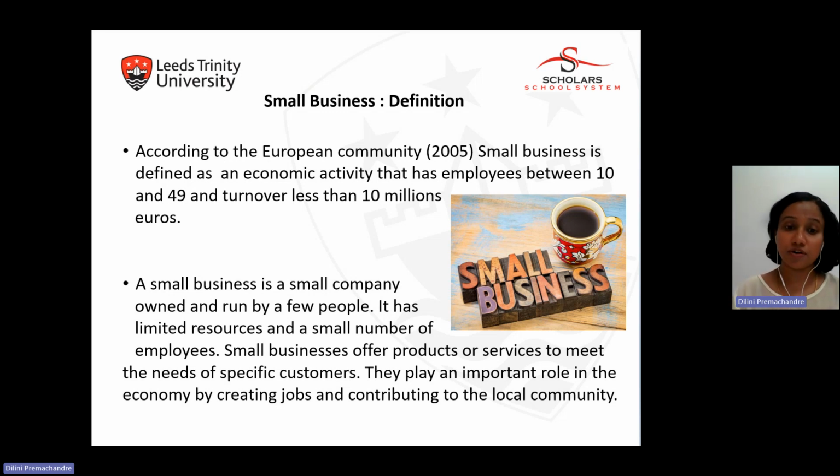So the importance of small businesses is that usually they do not have the resource capacity to be located in the city center or in central London. Therefore, most of these small businesses would be locating in rural areas, maybe outside of London.